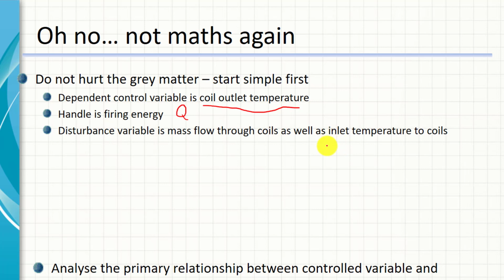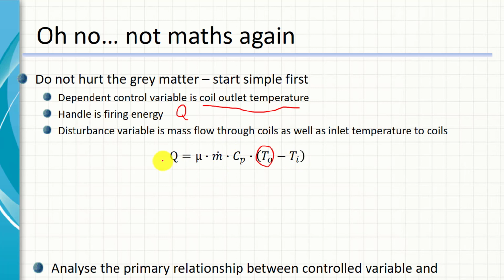Because your mass flow can change, you might not have a handle on the stream feeding the gas or the liquid into the fired heater, and the inlet temperature might vary as a function of whatever's going on upstream. So if we just do a balance in terms of how much energy is required to heat up to the outlet temperature, that's the outlet temperature, that's the inlet temperature, and there's your mass flow.